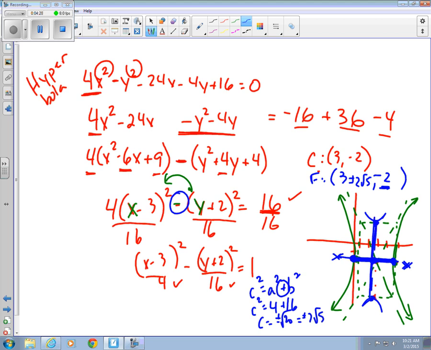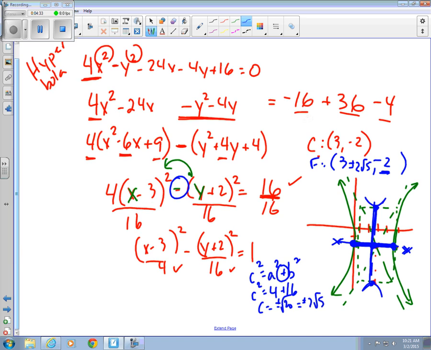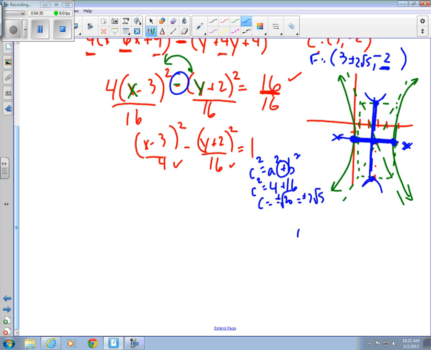All right, to write equations of the asymptotes, this is kind of a little bit weird. It's all based on the fact that y equals mx plus b. So we're going to put it into the point-slope form, y minus y1 equals slope times (x minus x1). That's slope-intercept, and this is point-slope form. Okay, so you're going to put in your center, and your center was (3, negative 2).